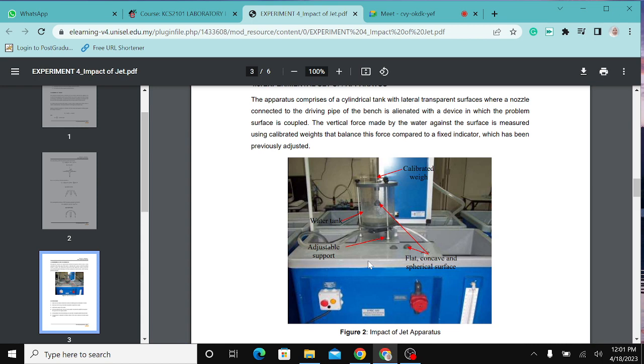The vertical force made by the water against the surface is measured using calibrated weights, when the balance of this force is compared to a fixed indicator.